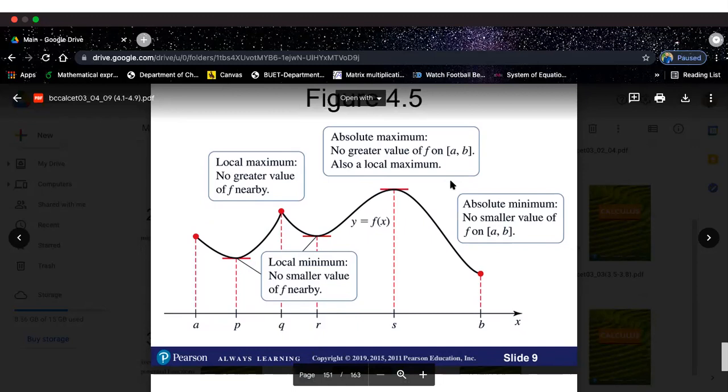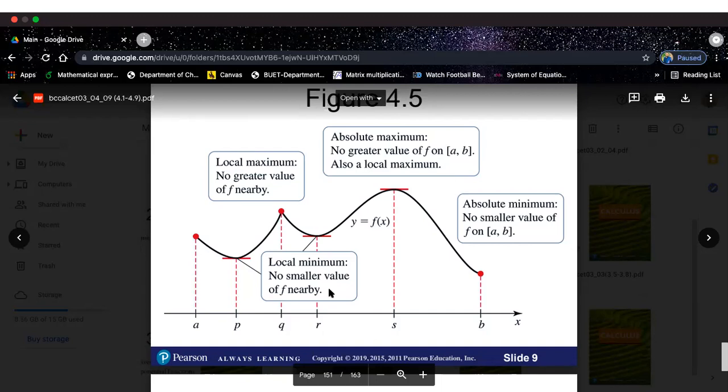It's going up, up, up, and after a certain interval, it again starts going down, and it keeps doing like this. So if you pick up a certain interval, you could find a maximum or a minimum value on that. But if you consider the entire graph, that may not be the maximum value for the entire function.